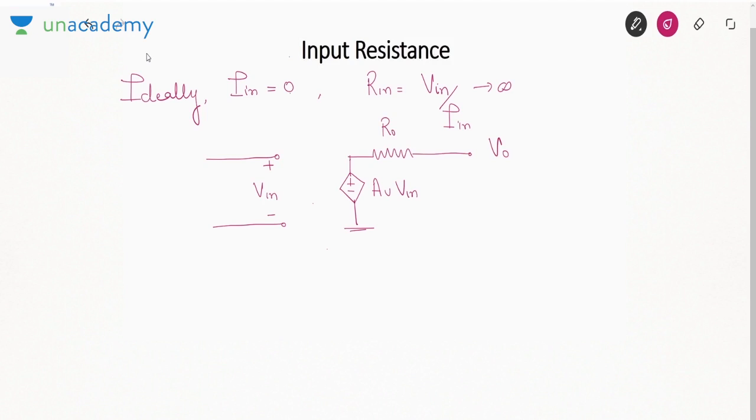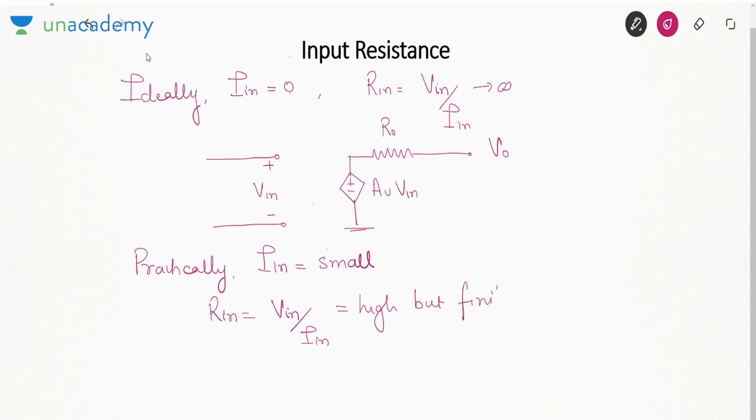But practically this In is non-zero. It is the base current of a transistor, so it is small. So this input resistance is simply Vin over In, which is high but finite. It will not be infinite.